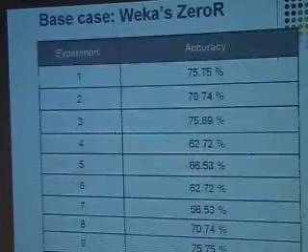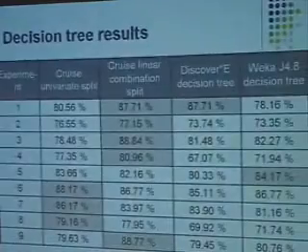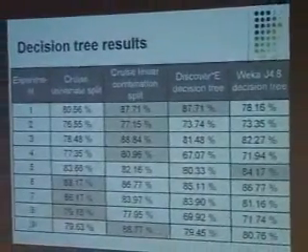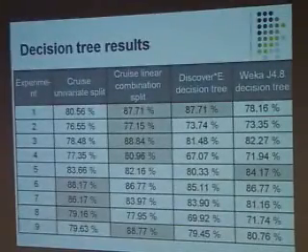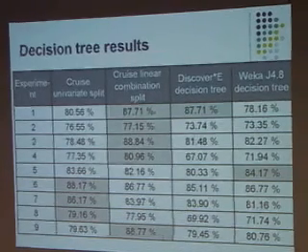So because of time, I'll go straight to this one. You can see here that depending on the method we use, depending on the experiment, you can have anywhere from 70 to 90% accuracy of predicting correctly the class. As an engineer, I would like to improve that, because I would like 98, 99.